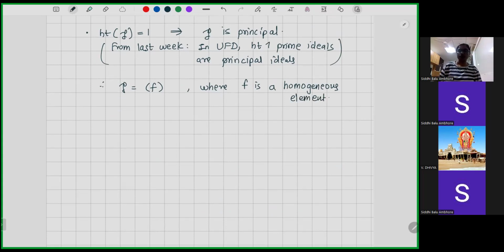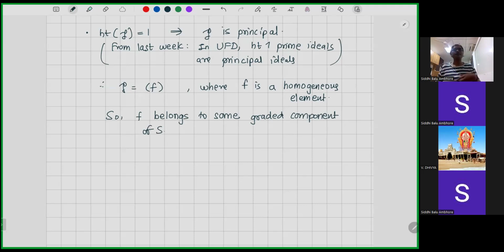Okay, so it means that F belongs to some graded component, only one of the graded components. So it is homogeneous. So all the terms of F have the same degree. Okay, so F belongs to some, let me write it in words, it belongs to some graded component of S, which was our K[x, y].